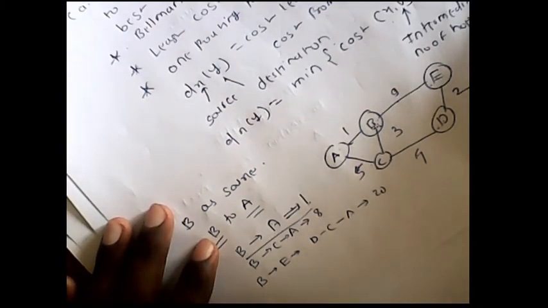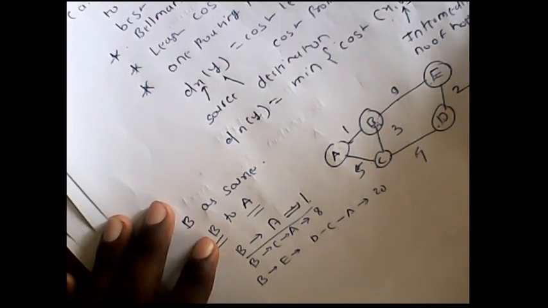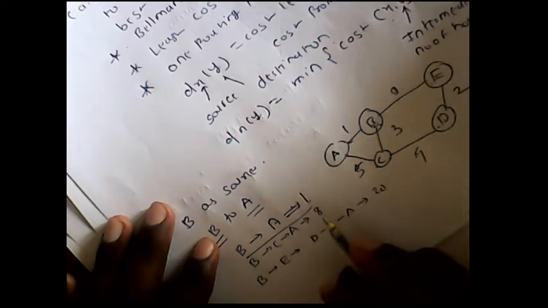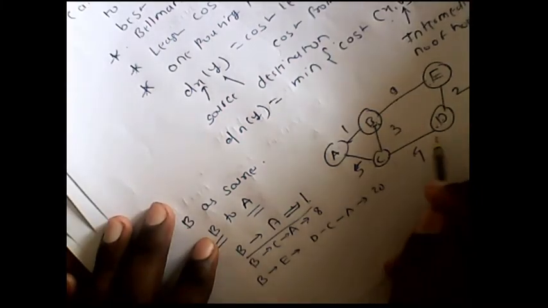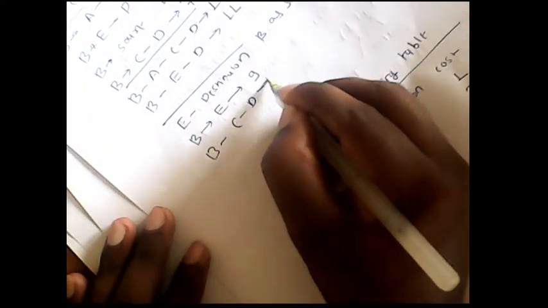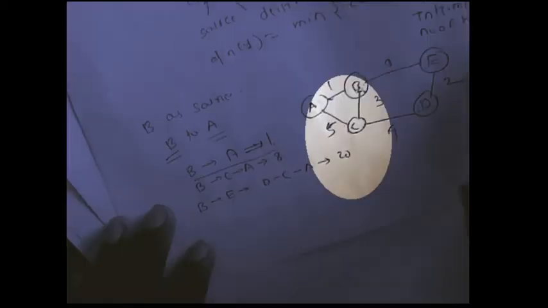Then another path from B, C, D, E, the cost is 3 plus 4 plus 2, that is 9.